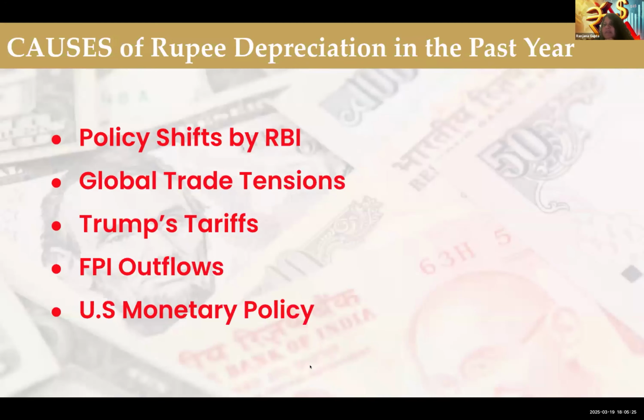Year to date, global investors have withdrawn over 15 billion from Indian markets due to trade disruptions and economic slowdown, boosting dollar demand and weakening the rupee. The US Fed's limited rate cuts and prolonged high rates attracted investments back to the US, strengthening the dollar and depreciating the rupee. Over to Alka for more.